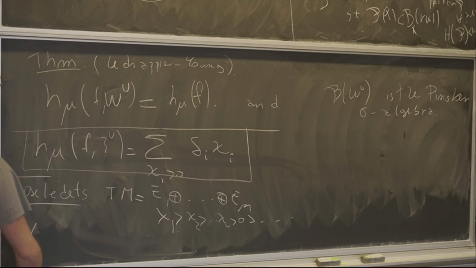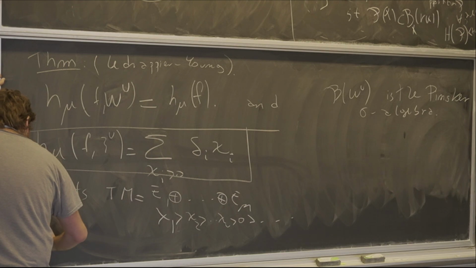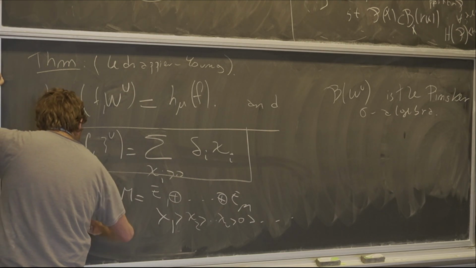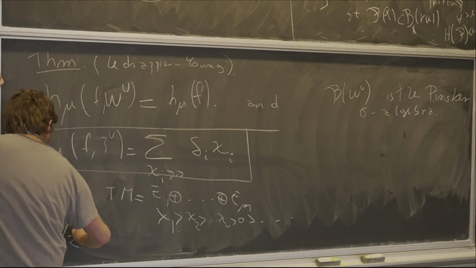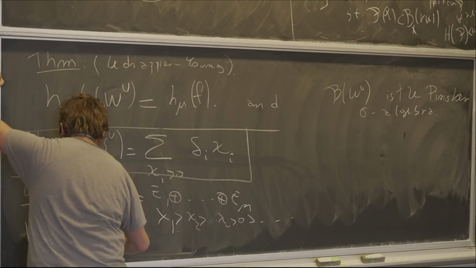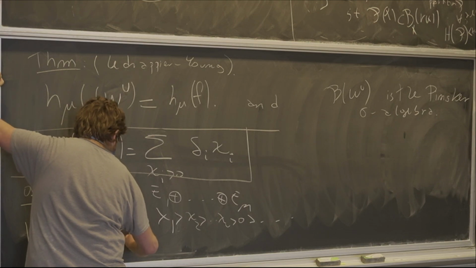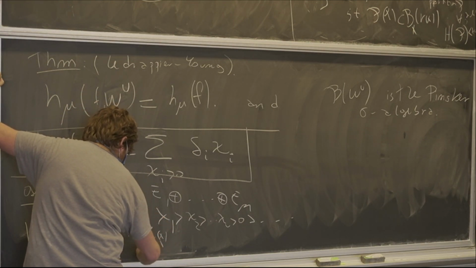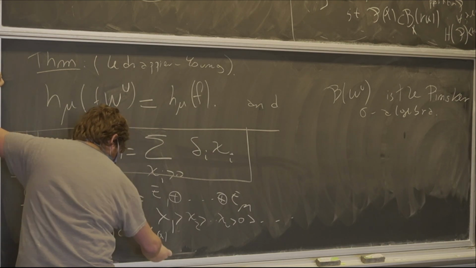Okay, then you have a manifold B1 inside B2 ... inside B^u of x, for almost every point x, which is the unstable manifold of x.